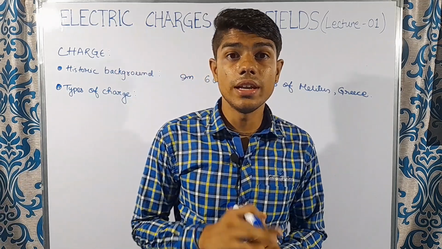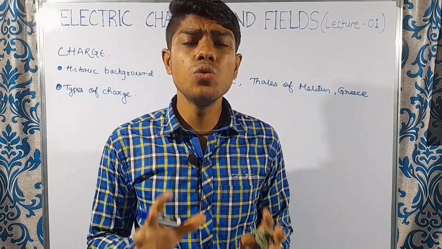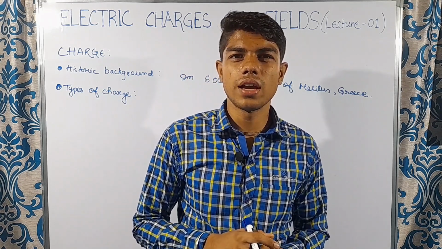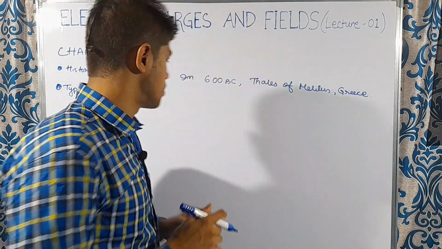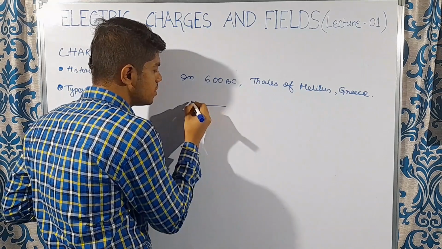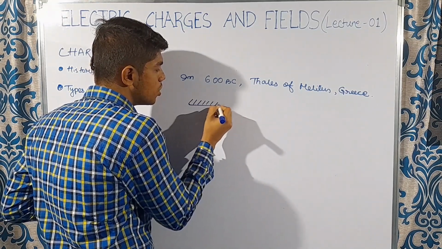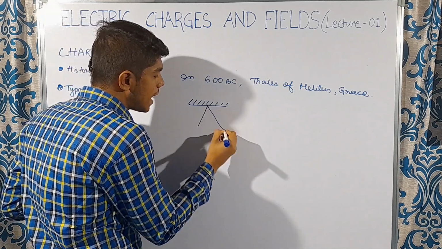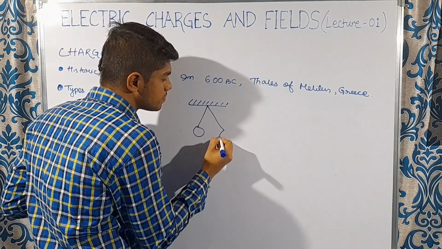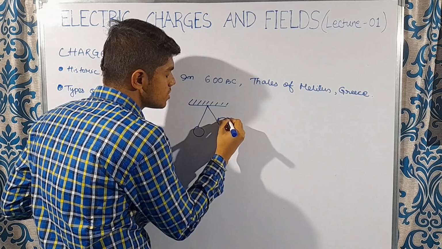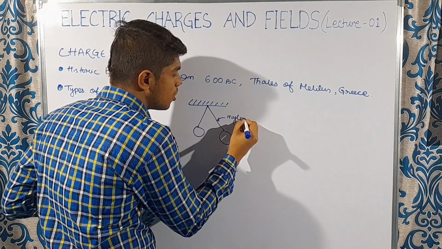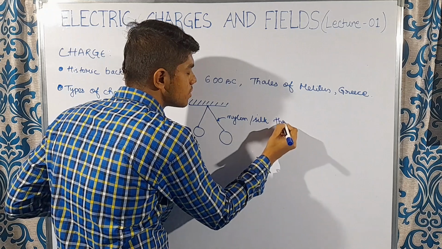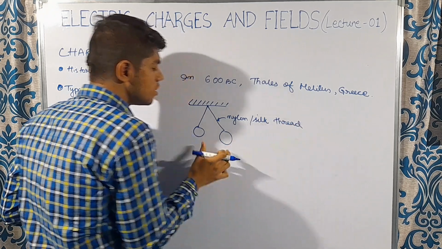We will need two pith balls, or you can use polystyrene balls that we can get from the market itself. You have to suspend the two pith balls from a rigid support with a nylon or silk thread. So this is the nylon or silk thread, and these are the two pith balls.